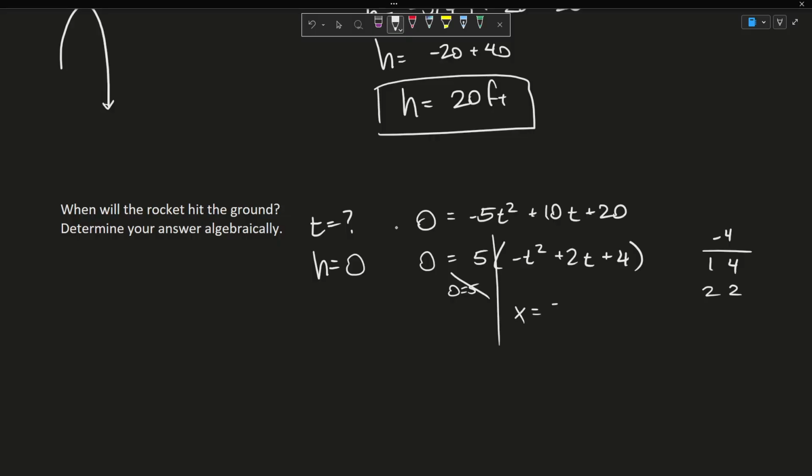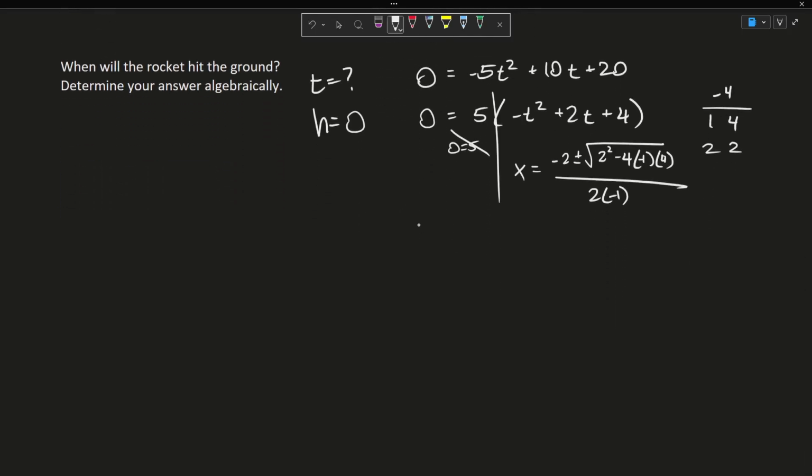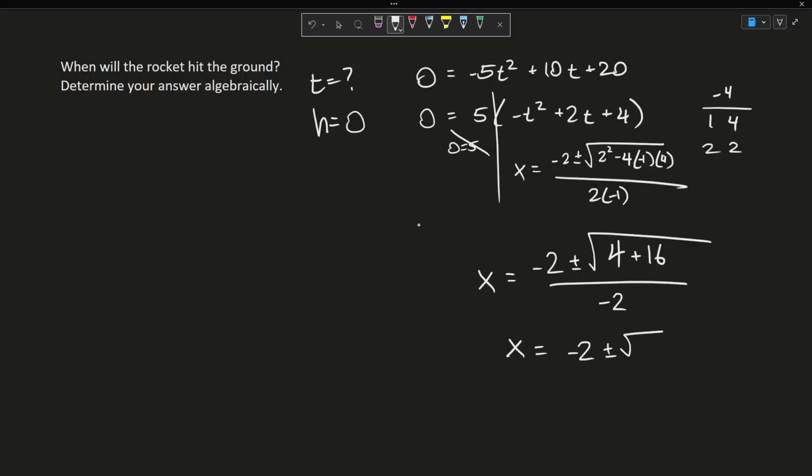X equals negative b plus or minus the square root of b squared minus 4ac over 2a. Negative 2 plus or minus root 20 over negative 2.